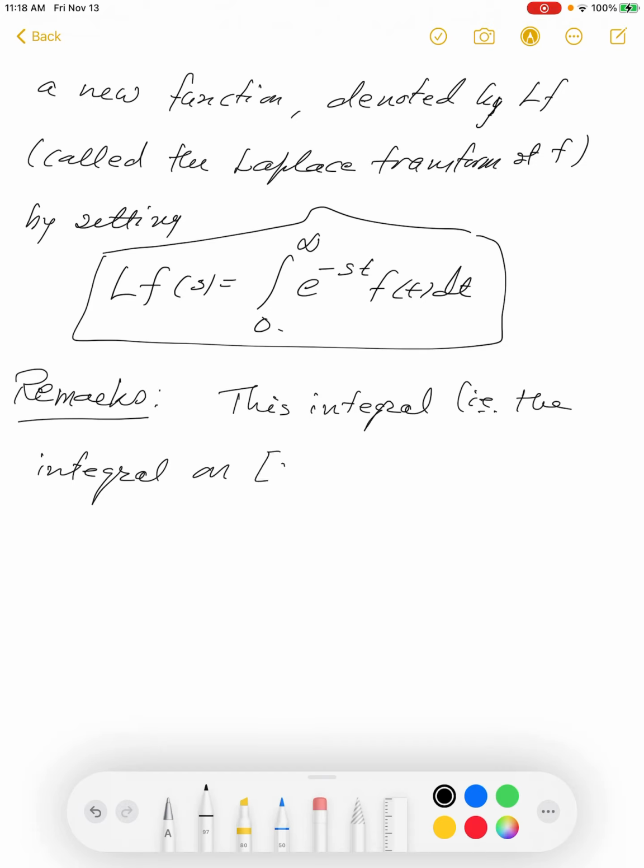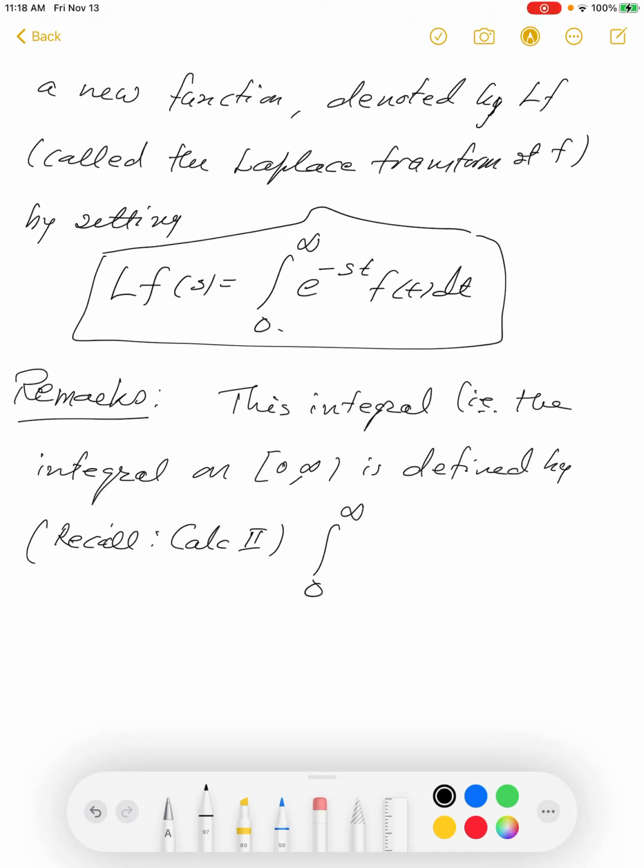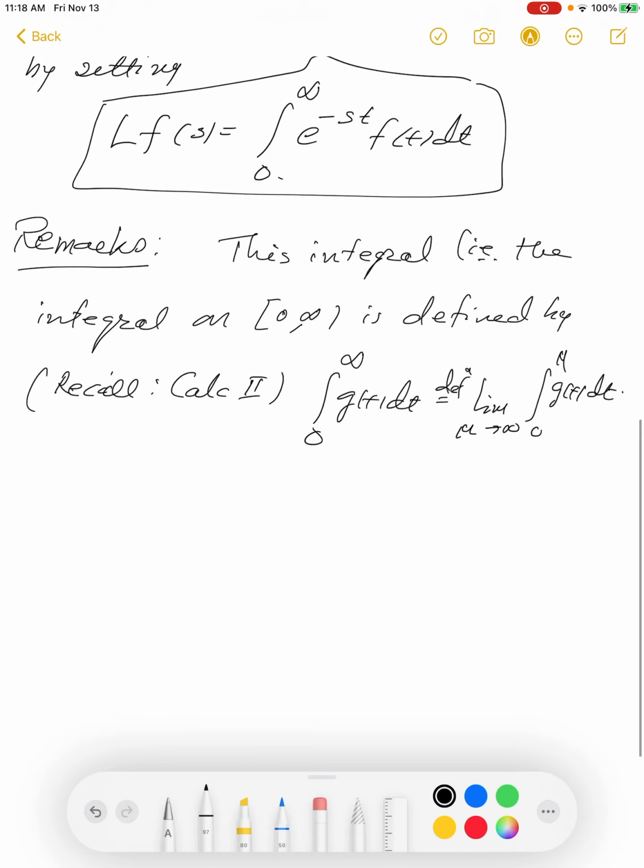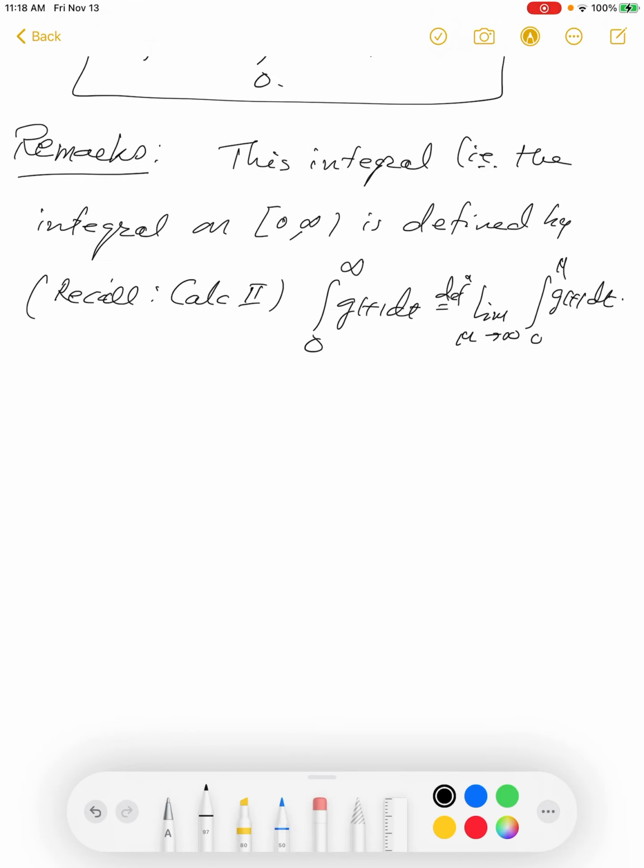If you recall from Calc 2, the integral from 0 to infinity of any function g(t) dt is defined to be the limit as m tends to infinity of the integral from 0 to m. If this limit exists, then we say that the improper integral from 0 to infinity of g(t) exists.